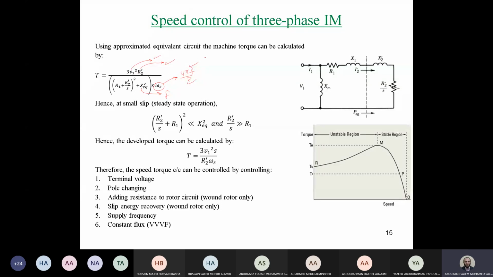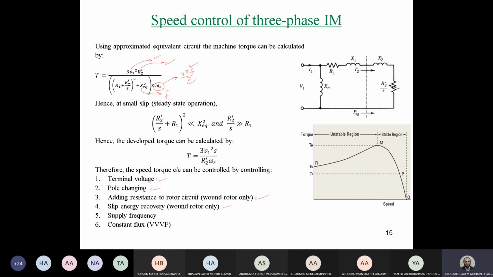These 4 parameters can be used as follows: terminal voltage control, pole changing, adding resistance, which we said. We have another technique called slip energy recovery. This is one advanced technique used to improve the efficiency of the machine while controlling the speed of the motor from the rotor circuit side.